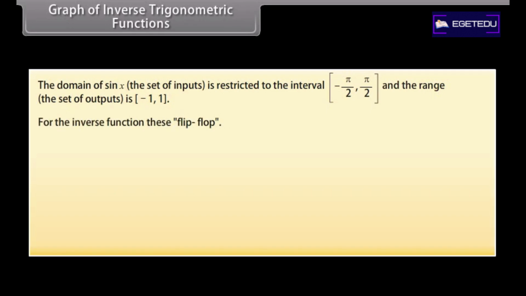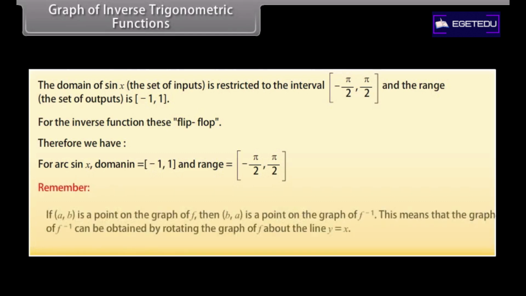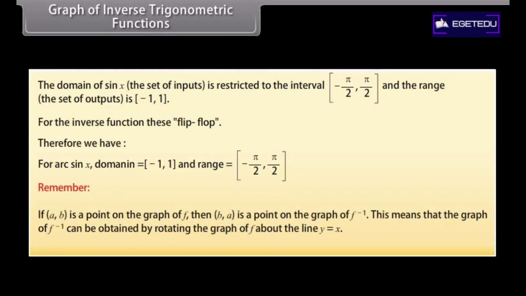For the inverse functions, these flip-flop. Therefore, we have for arc sin x, domain is equal to -1, 1, and range is equal to -pi by 2, pi by 2. Remember that if a, b is a point on the graph of f, then b, a is a point on the graph of f inverse.